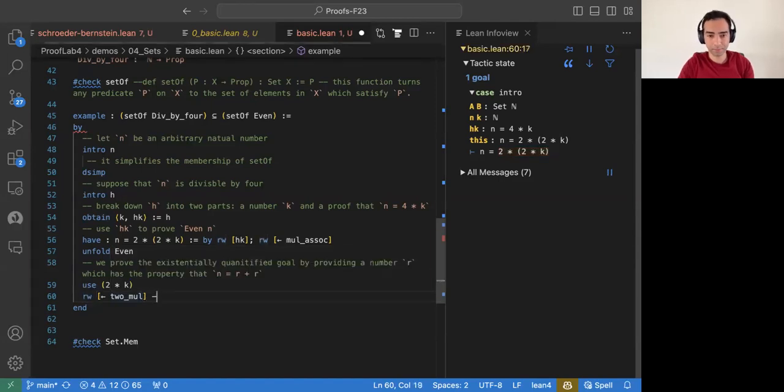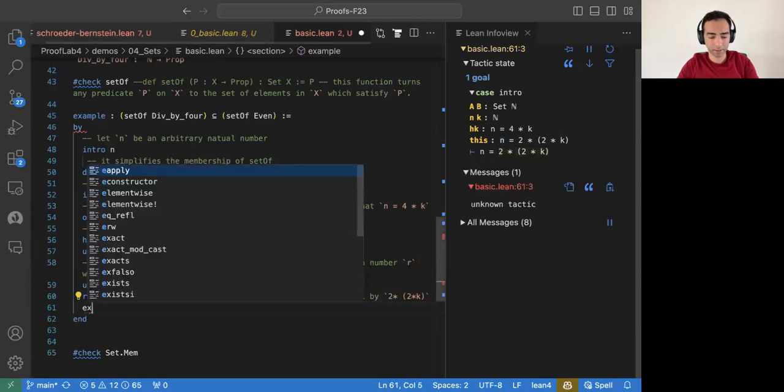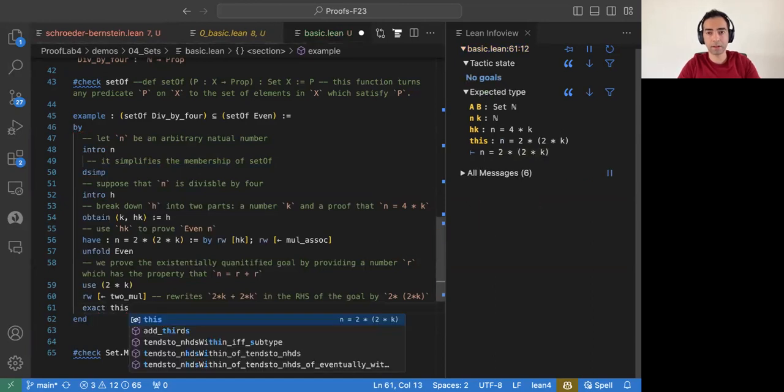So this rewrites 2 times k plus 2 times k on the right-hand side of the goal by 2 times 2 times k. Great. Now our goal doesn't have any addition. It has only multiplication. And the goal is exactly what is in the assumption, right? This proves that. So I can write exact this, and then we are done.